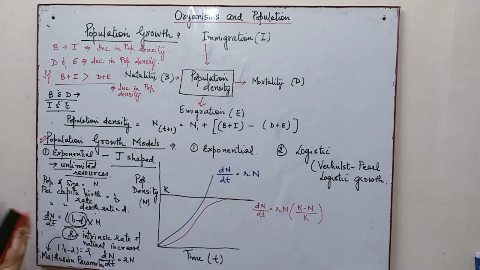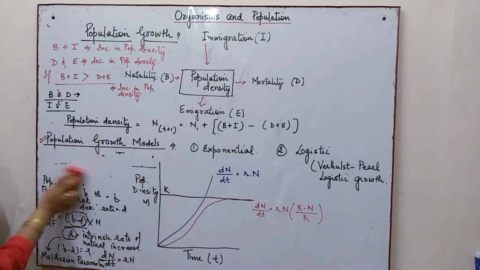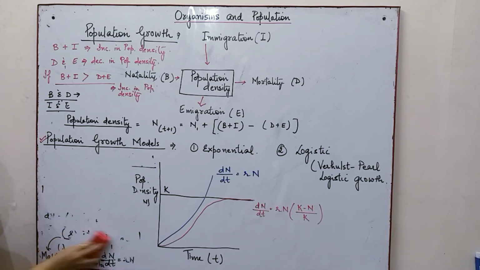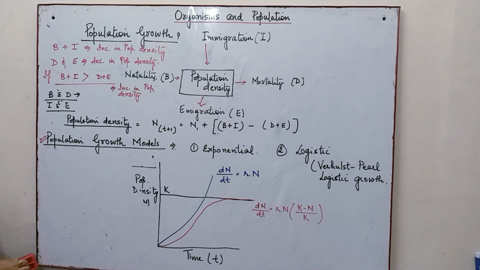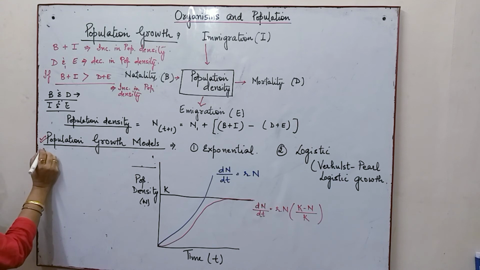Now we will be studying the logistic curve or the logistic growth model. The logistic growth model is actually a more realistic one, because no species has an unlimited supply of resources.